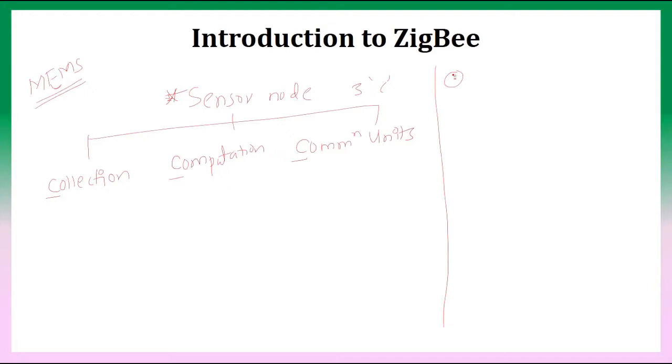If I need to use ZigBee, then the first important point is that it's reliable and self-healing. Then it supports a large number of nodes, which is an advantage for me.